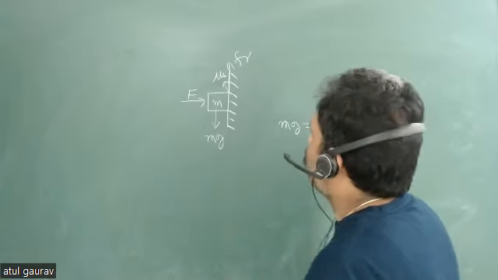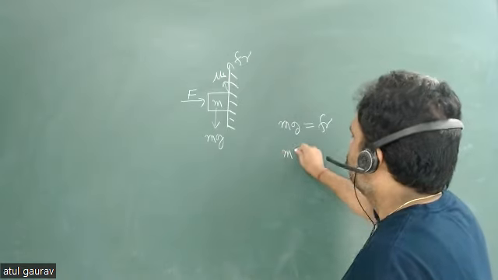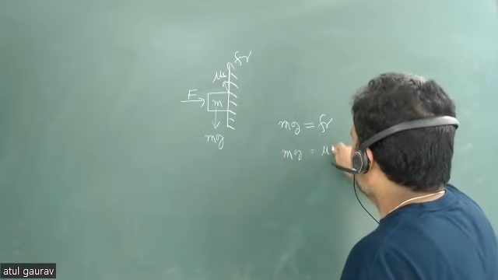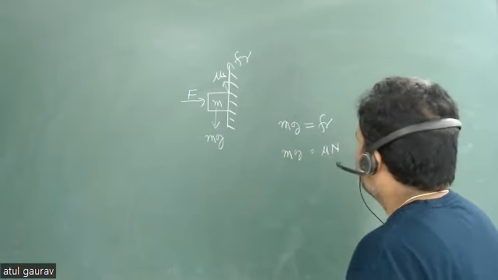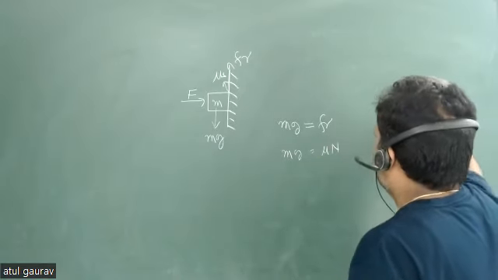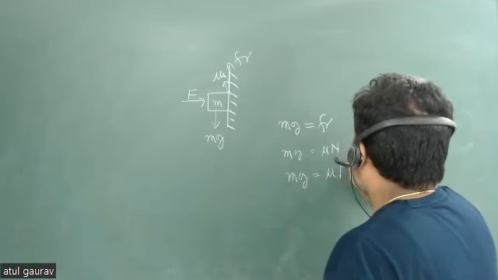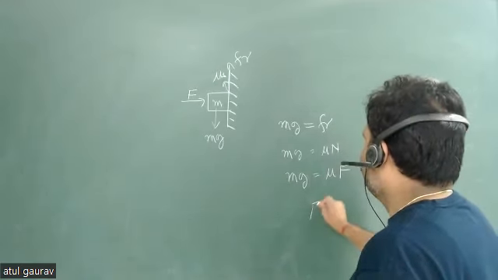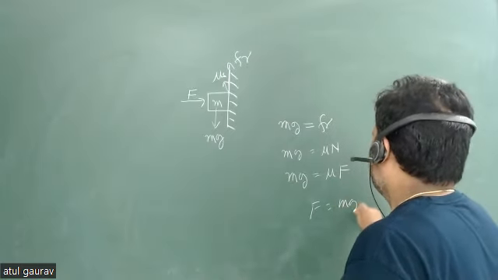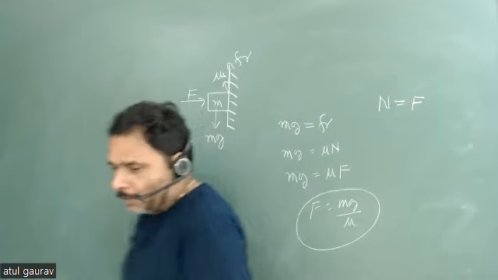What is your frictional force? Mu into N. And what is your N? N is equal to F. So you have mg is equal to mu into F. Then F is equal to what? Mg by mu. Are you getting my point?